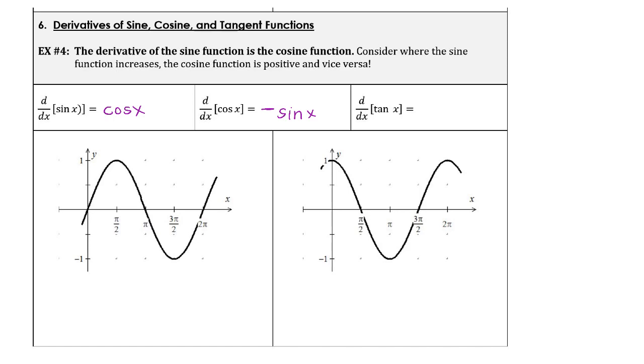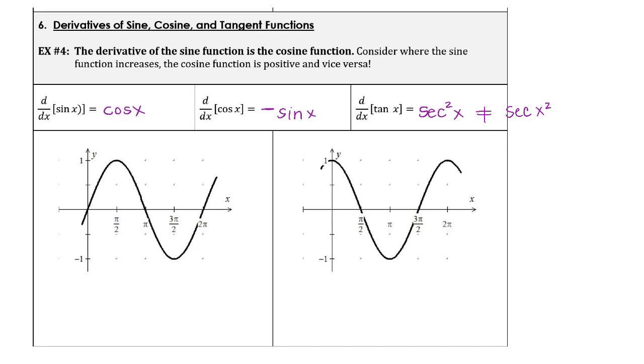That's all. And then the derivative of tangent of x is going to be secant squared of x. Now make sure you put the squared on the trig function. That is not the same thing as secant of x squared. Those two are two completely different things, so be careful.